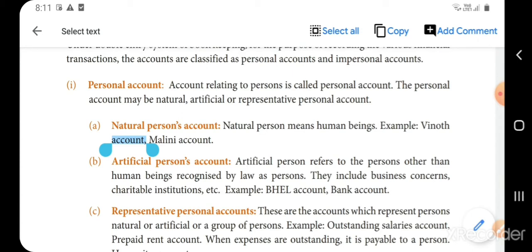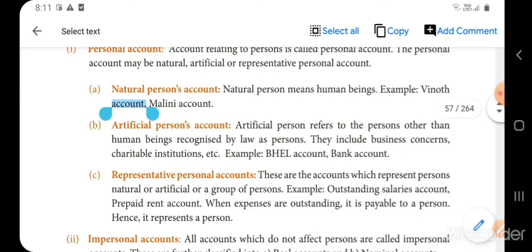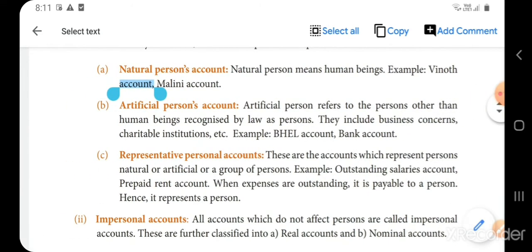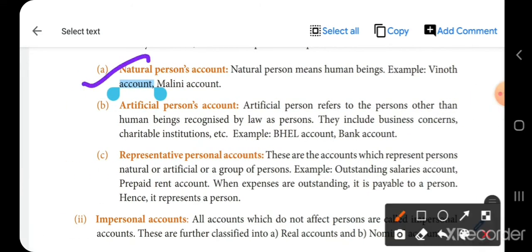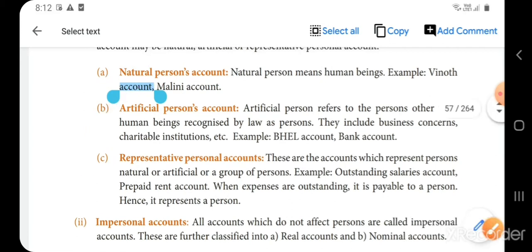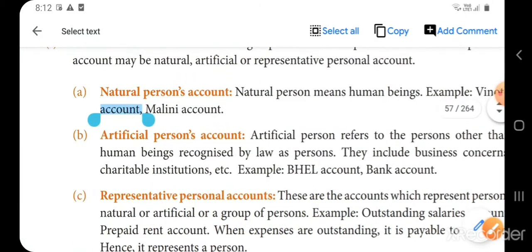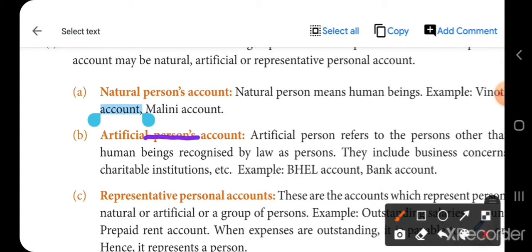Now this personal account can be further classified as natural personal account, artificial personal account, and representative personal account. Natural person's account means, if you open an account in the name of an individual, we call it a natural person, human beings. Artificial person account means an institution.